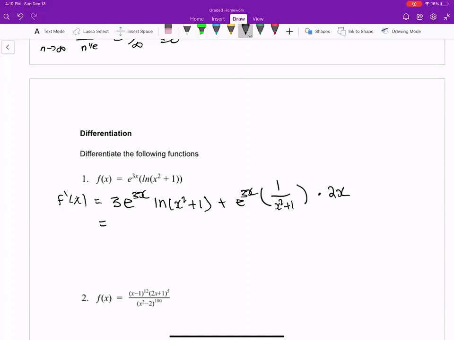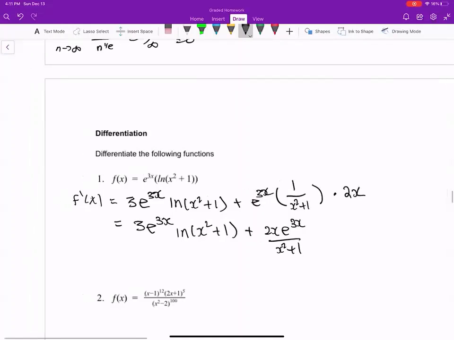Now, you can simplify this further, and you get 3e to the 3x ln x squared plus 1 plus 2x e to the 3x over x squared plus 1. So that's your simple product law.